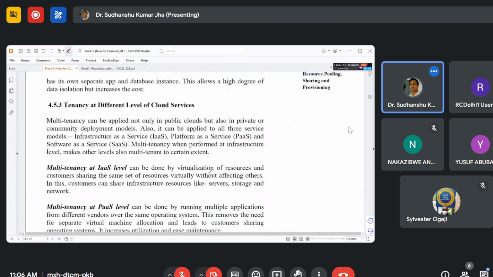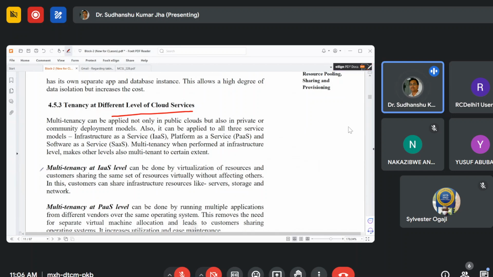Next, tenancy at different layers. Whatever kinds of services are provided by the cloud, tenancy may apply to particular services. Suppose you are working with a giant organization, and whatever services the cloud platform provides us, the multi-tenancy of that particular service becomes tenancy at a different level of the cloud services.